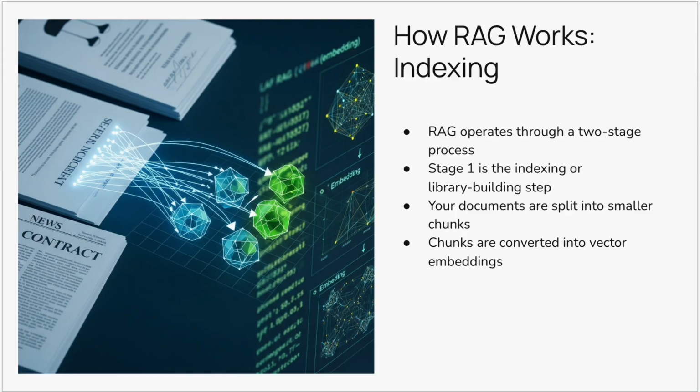We can't put a whole book into an LLM, so we split them into smaller, manageable chunks. Then we use an embedding model to convert these chunks into a list of numbers called vectors. These vectors represent the semantic meaning of the text. Finally, we store all these vectors in a special vector database. We'll cover all of this in detail in our upcoming videos.